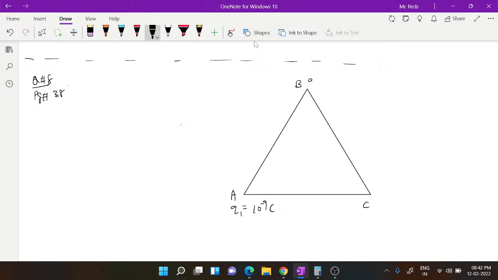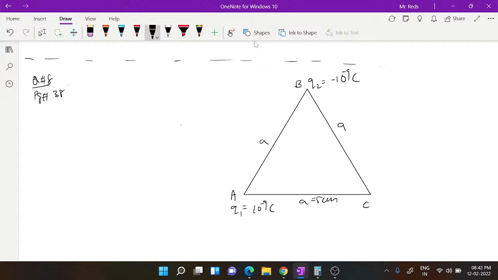Here we have charge Q2, which is minus 10 power minus 9 coulomb, minus 1 nanocoulomb. The triangle has the same side length, a equal to 5 centimeters.